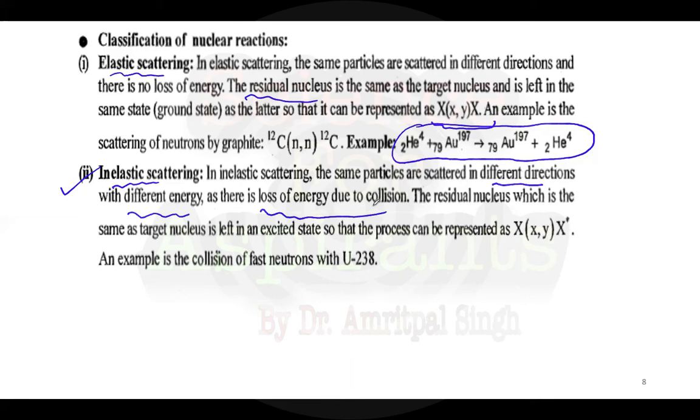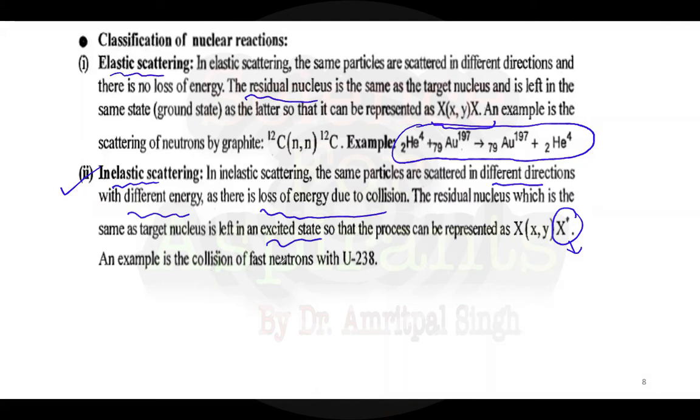The residual nucleus is the same as the target nucleus. When the nucleus interacts with the shooting particle, it reaches an excited state, and this excited nucleus can further break down into some other nuclei. This is generally considered the compound nucleus.